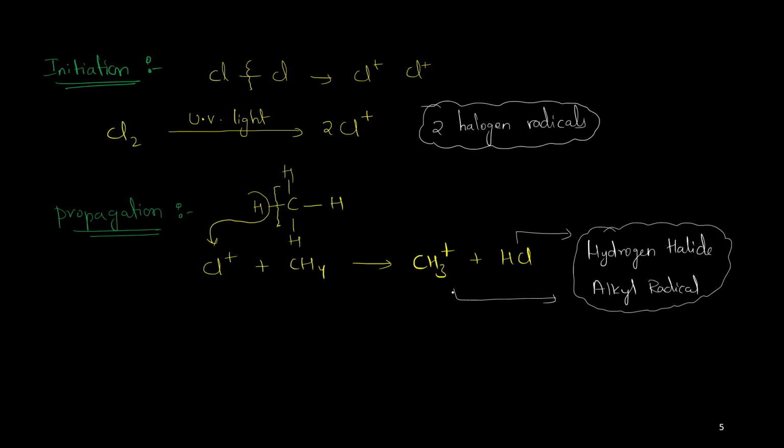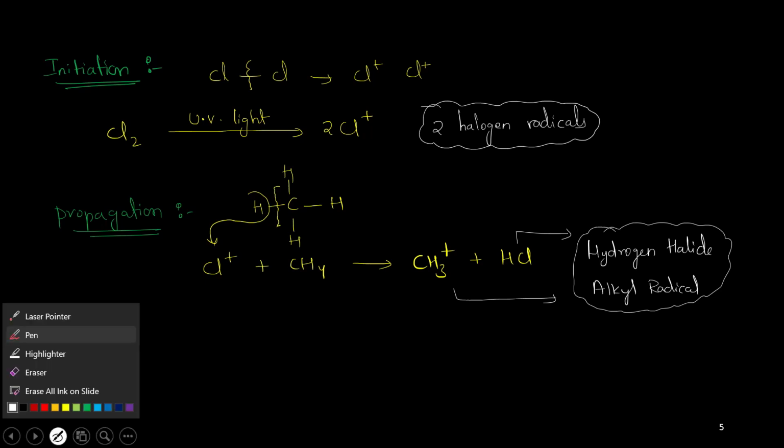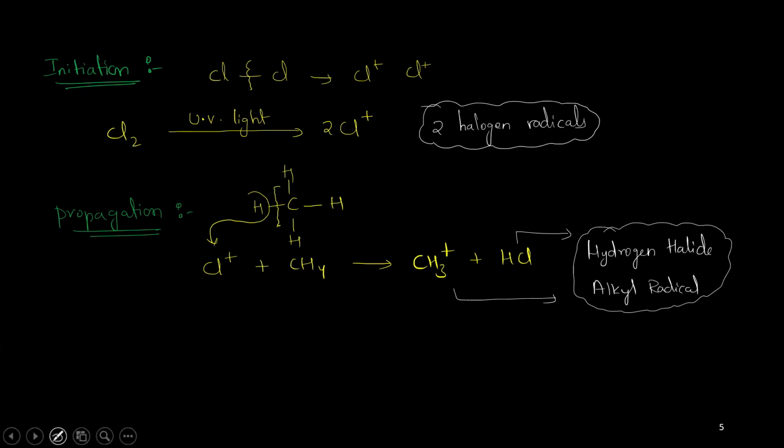Okay. And the newly formed alkyl radical will react with the chlorine molecule that is present. So that CH3 free radical will break the bond between the chlorine molecules and result in formation of alkyl halide and chlorine radical.